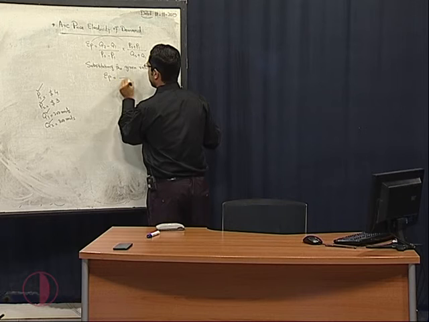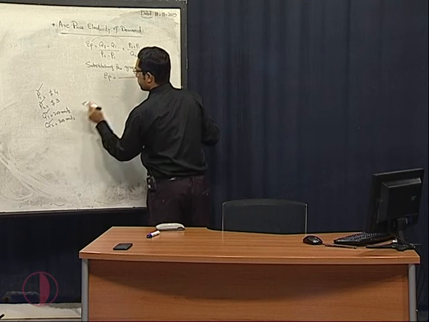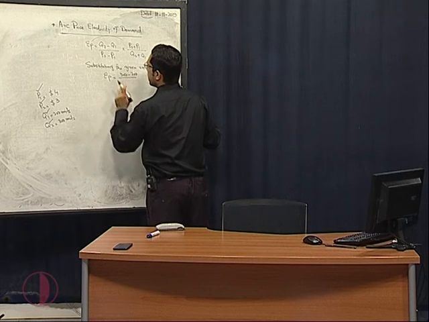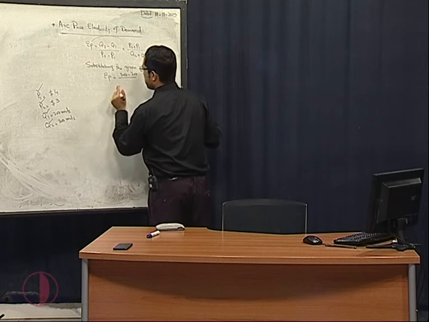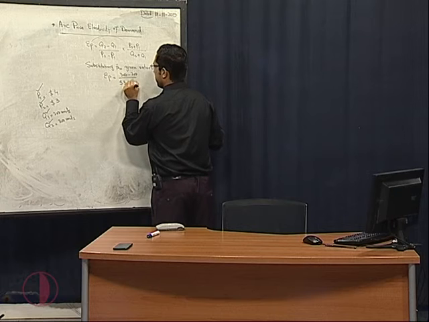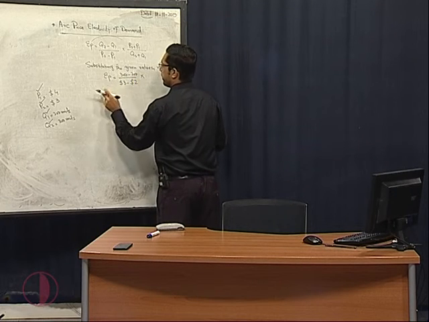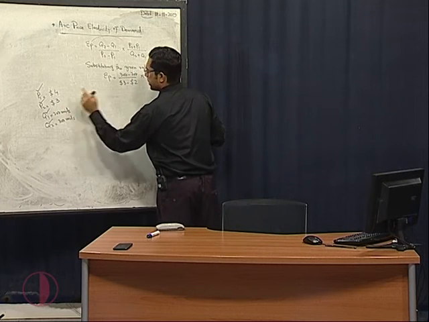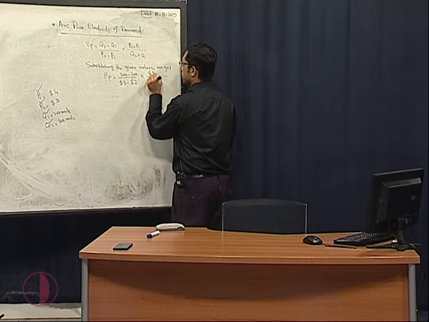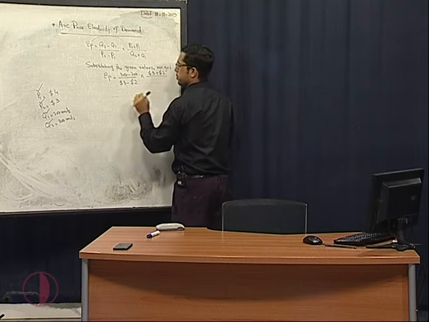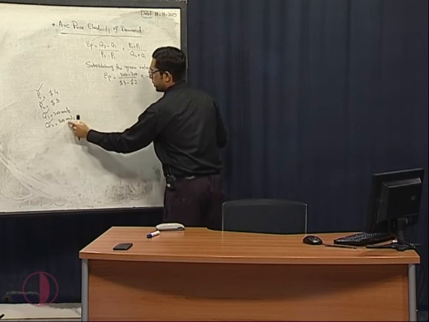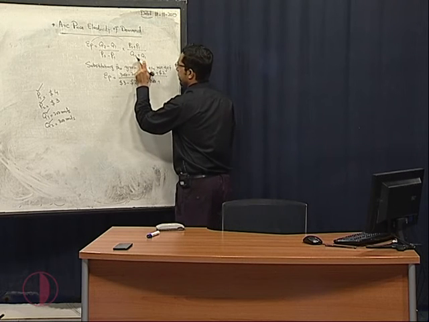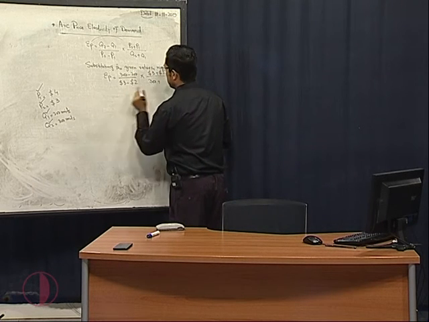Q2 minus Q1: Q2 is 300 minus 200, divided by P2 minus P1: P2 is $3 minus $2, multiplied by P2 plus P1: P2 $3 plus $2, divided by Q2 plus Q1: Q2 is 300 plus Q1 200.